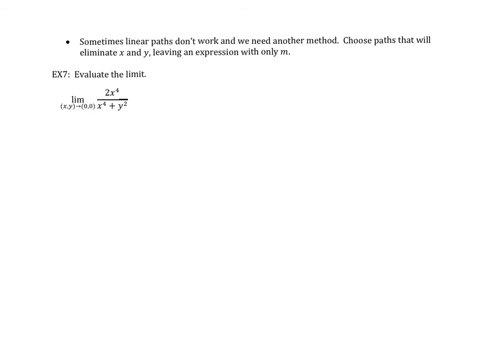So that's what we have at this next bullet. Sometimes linear paths don't work, and we need another method. So we want to choose a path that will eliminate x and y, leaving an expression with only your m value. Example 7, if I evaluate this limit, I get 0 over 0.